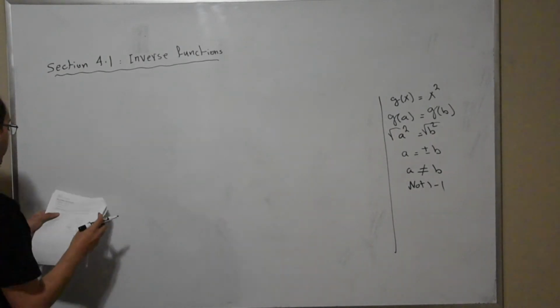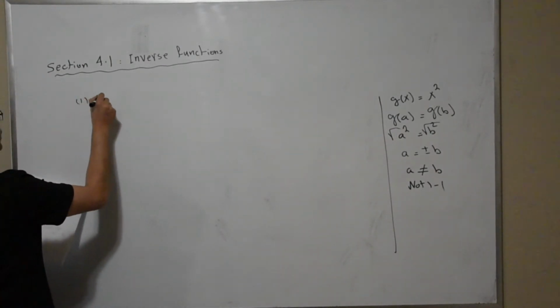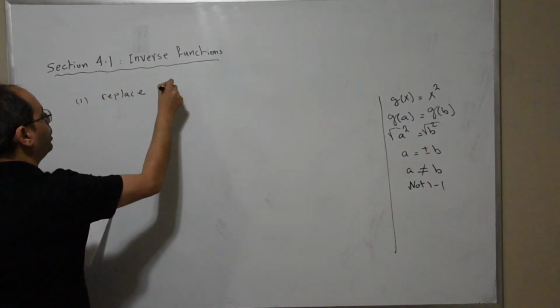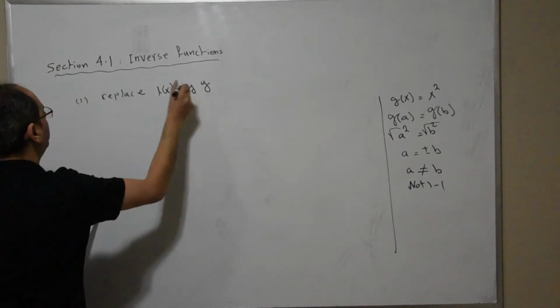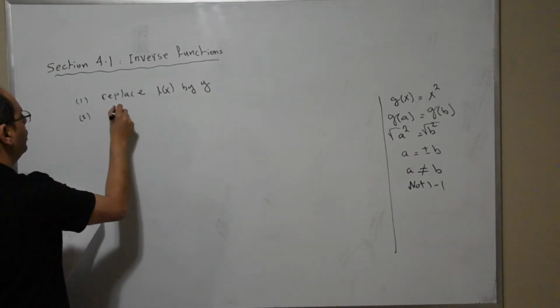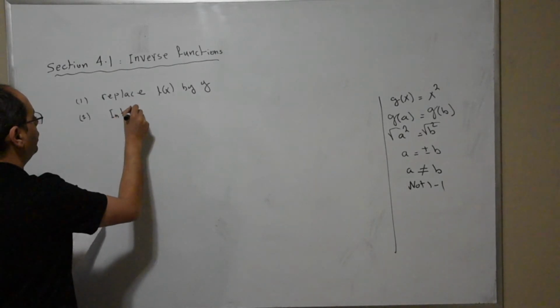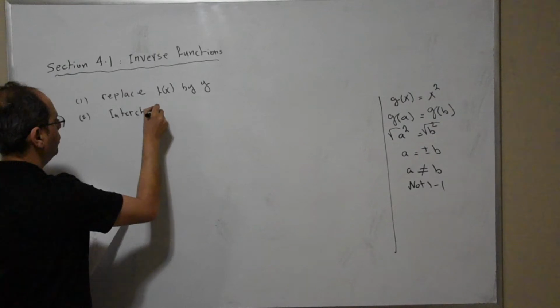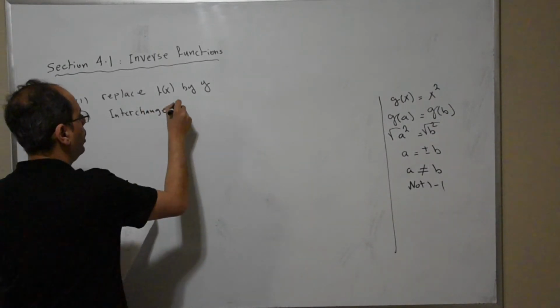Okay, number one, replace f of x by y. Number two, interchange y and x.